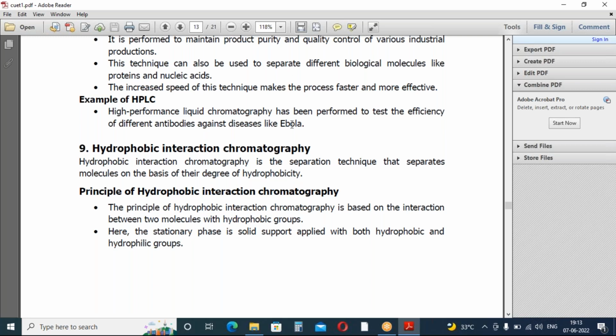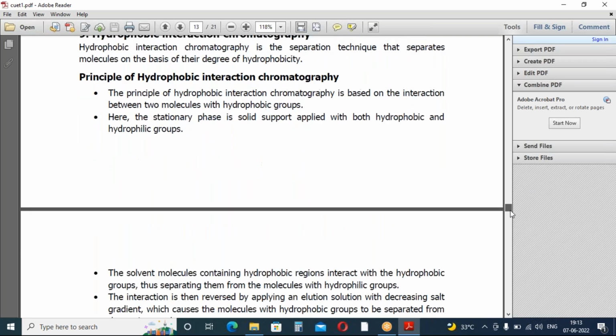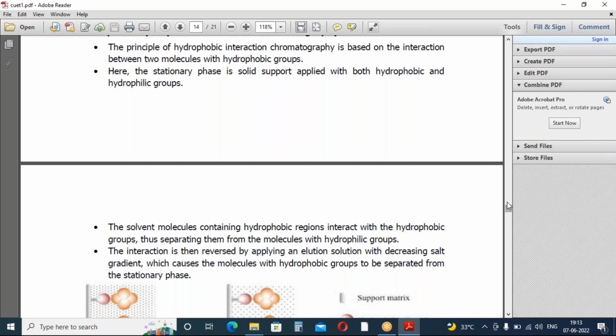What is the main principle behind hydrophobic interaction chromatography? It is mainly based on the interaction between two molecules containing hydrophobic groups. The stationary phase may be hydrophobic or hydrophilic, and depending upon the interactions between the stationary phase and mobile phase, we can separate the different molecules.